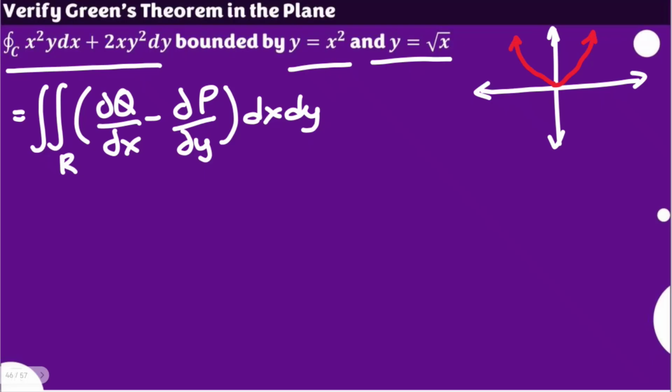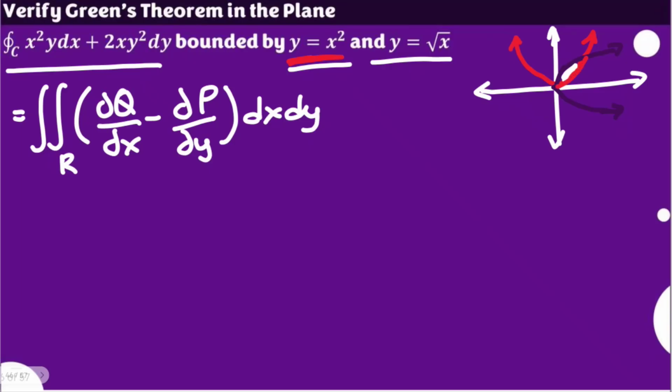That's for our y is equal to x squared. But y is equal to square root of x is actually a parabolic curve opening to the right, so it's opening sideward in this form. Again, let me just assume that my graph is appropriate. The region that we're talking about here is this region, bounded by those two curves.